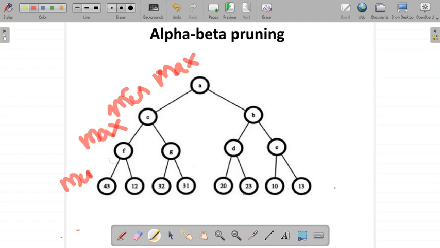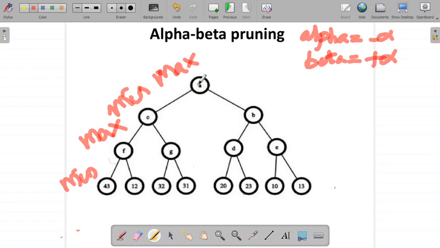It is in minimizer. So the initial value for alpha is minus infinity. Beta is plus infinity. The initial call starts from A.